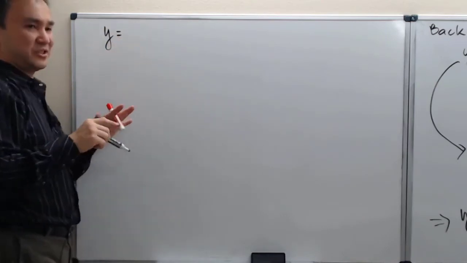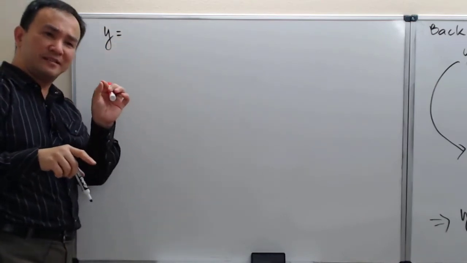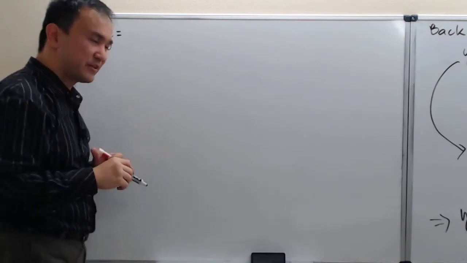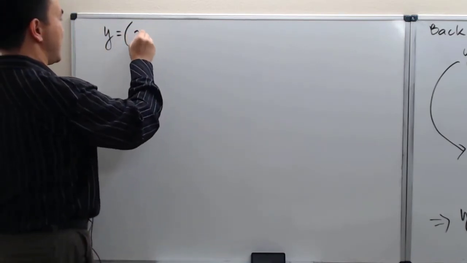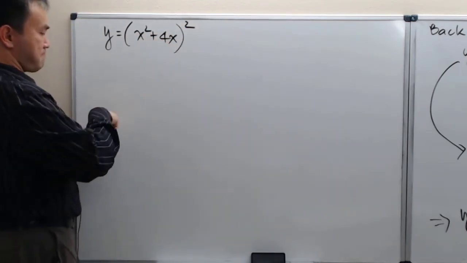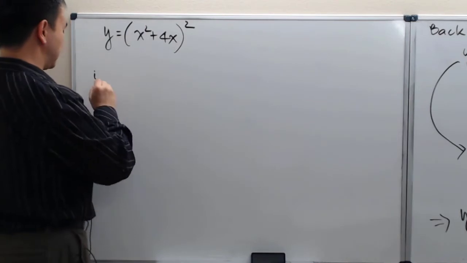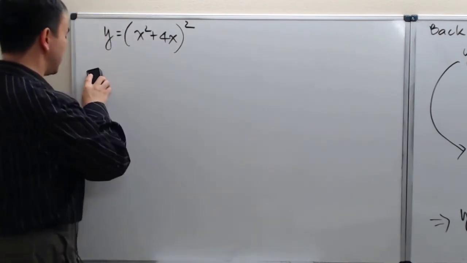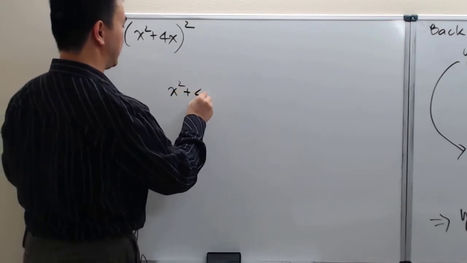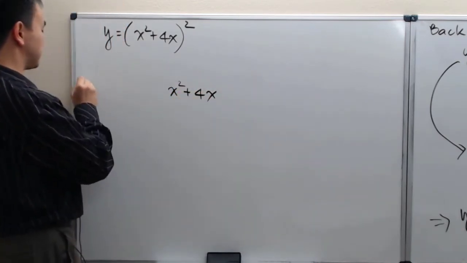I'm still just beating around the bush, I'm still explaining the algebra of the function, but I have not done any derivative yet. So x squared plus 4x being inside the square. You see, here we can think of that, the inside I was trying to point out earlier, the x squared plus 4x as the inside.